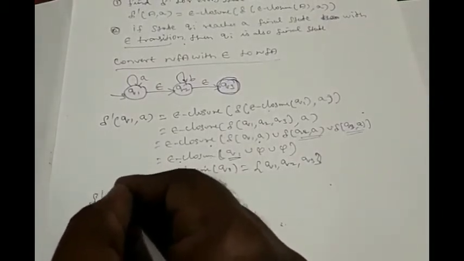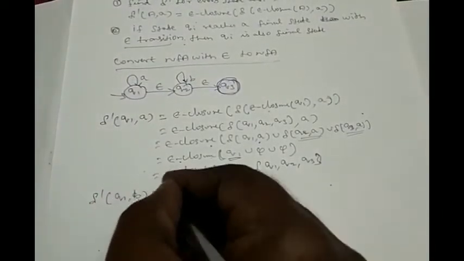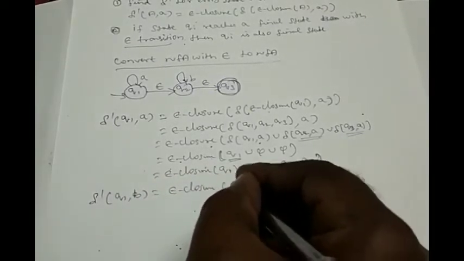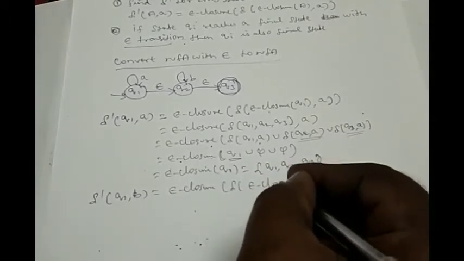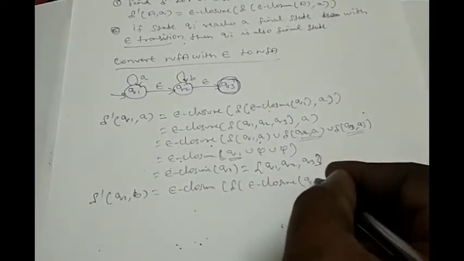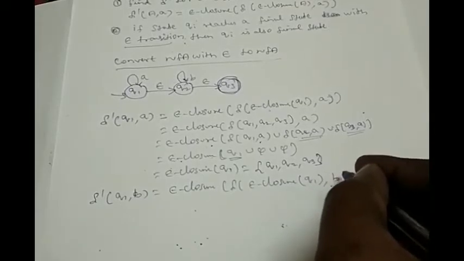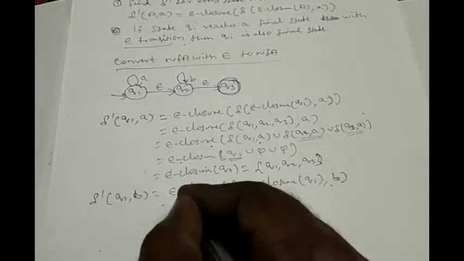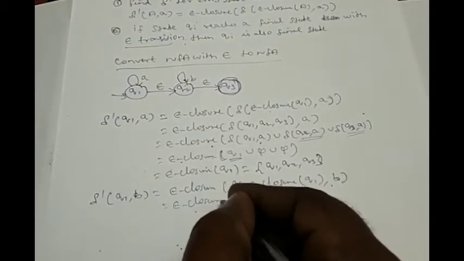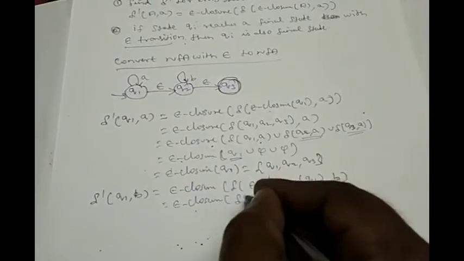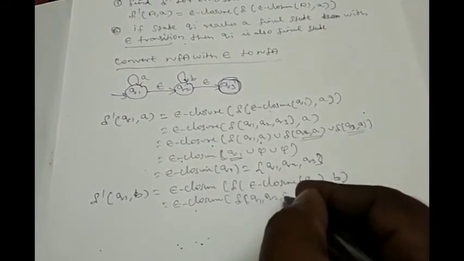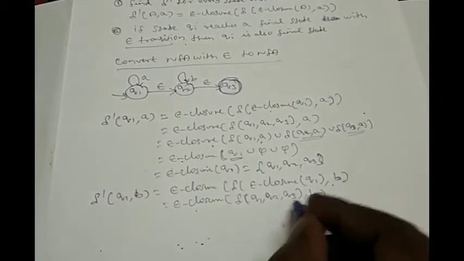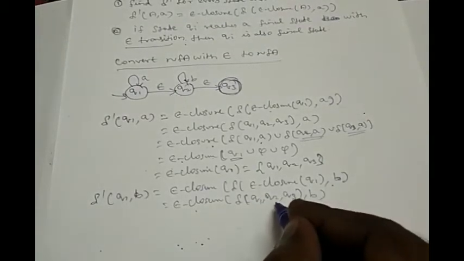So delta dash of Q1 comma B is equal to epsilon closure of delta of epsilon closure, and the state you are applying is Q1 and the input is B here. So epsilon closure of Q1 gives epsilon closure of delta of Q1 comma Q2 comma Q3 comma B. Out of these three states, you can only apply B in Q2.